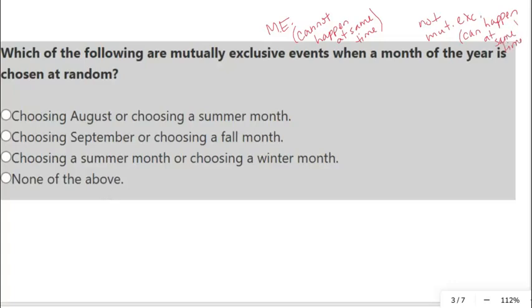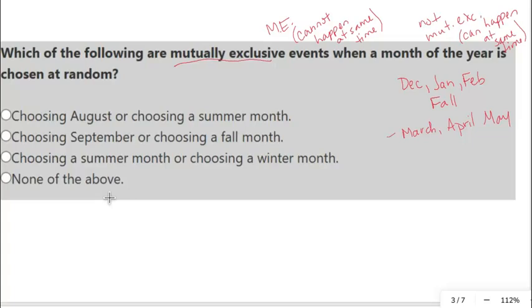All right, so let's go through the examples. This says which ones are mutually exclusive, so which ones cannot happen at the same time. So if we pick August, we're picking a summer month. So let's just classify. We're going to say December, January, and February. Those are winter months. We've got March, April, May.